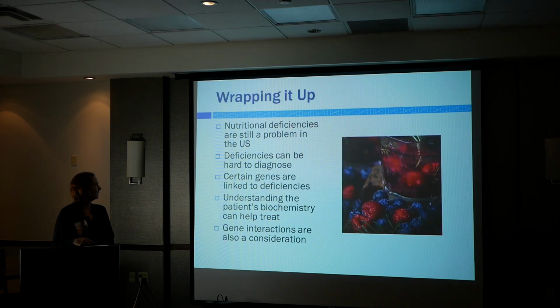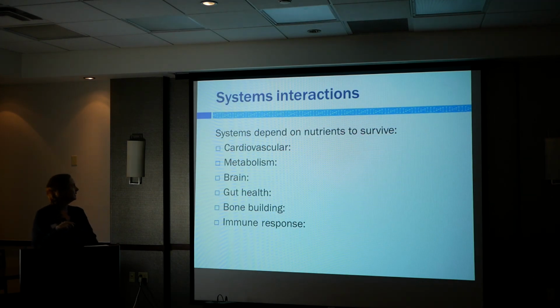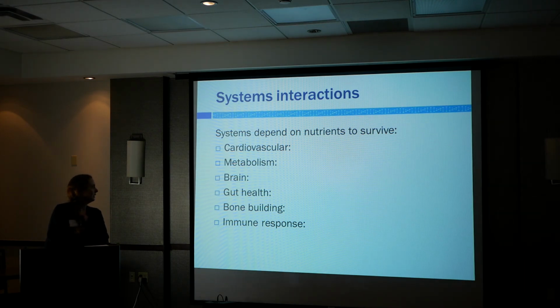Your cardiovascular system, your ability to metabolize even fats and burn energy has a lot to do with B12 levels. Your brain health, vitamin D, seasonal affective disorder, your gut health. That affects everything in your nutrient absorption. Bone building, vitamin D is so key to bringing in calcium and building bones, and your immune response. So it really has an effect on the entire body.